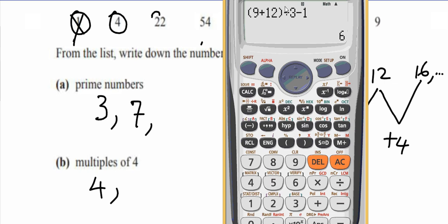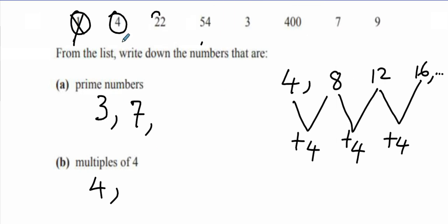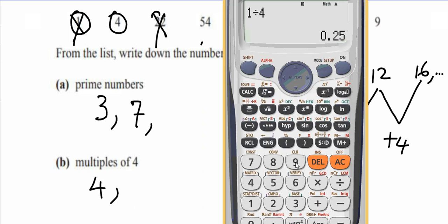I can even show you that 1 divided by 4 is a decimal. But 4 divided by 4 equals 1. 22 divided by 4 is a decimal. 54 divided by 4, you can check that using a calculator.